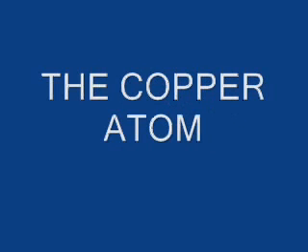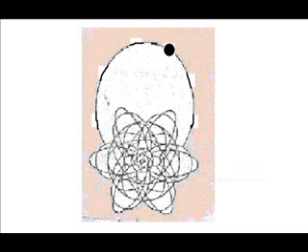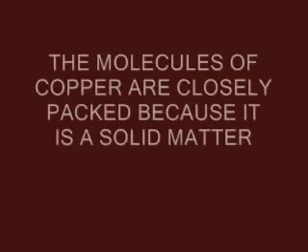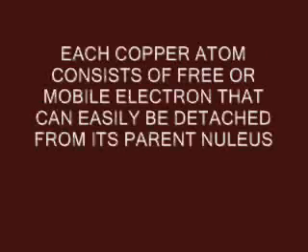On studying the structure of a piece of copper conductor, we find the molecules of the copper are closely packed because it is a solid matter. Each copper atom consists of a free or mobile electron that can easily be detached from the parent nucleus.